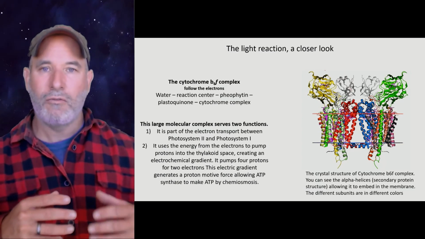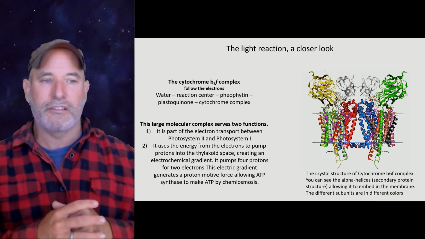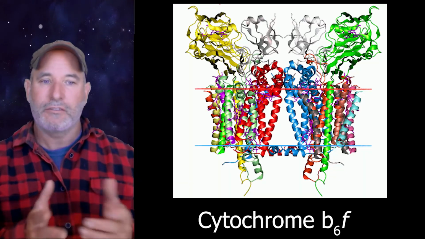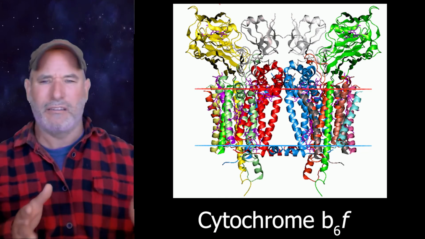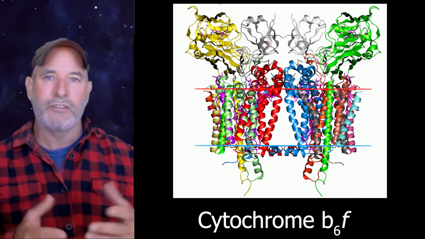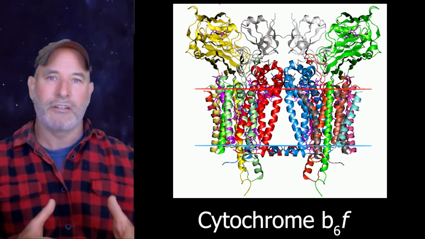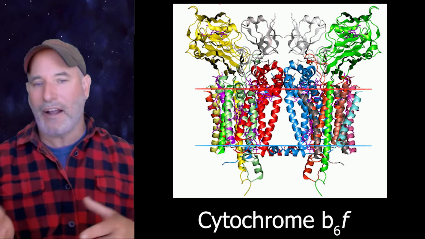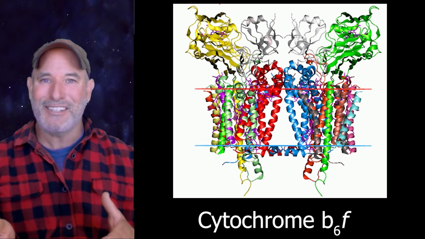So before I go on to what happens to these electrons next, I kind of want you to look at this protein complex, cytochrome complex specifically. You look at it and it's kind of, oh, blah, blah, blah. But think about how complicated that is, right? Each one of those different colors represents a different subunit of this large protein complex. And if you go way back to when we first learned about proteins, do you see all the alpha helices?